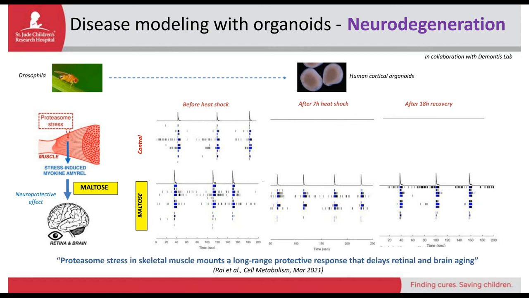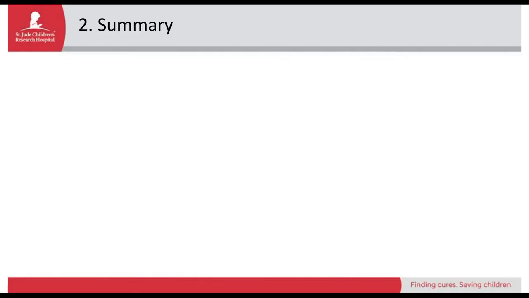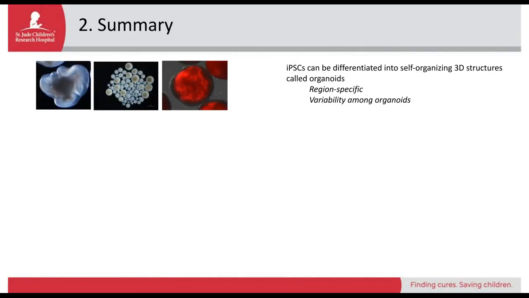This is a good example of how human brain organoids can be used to validate findings from a different model system, in this case Drosophila, which I think is pretty cool. To summarize this part of my talk, I showed you that iPSCs can be differentiated into these self-organizing 3D structures that mimic parts of the brain, called organoids.